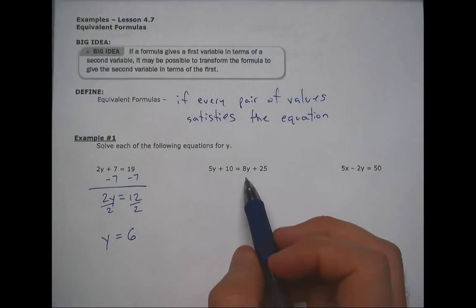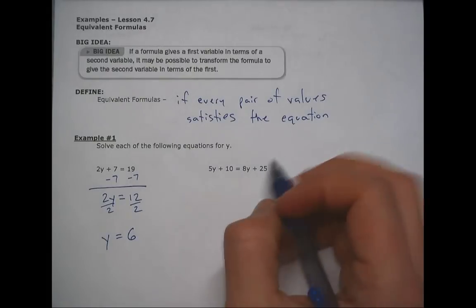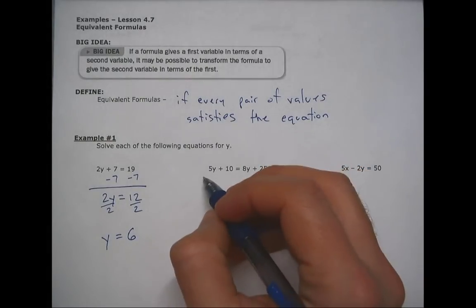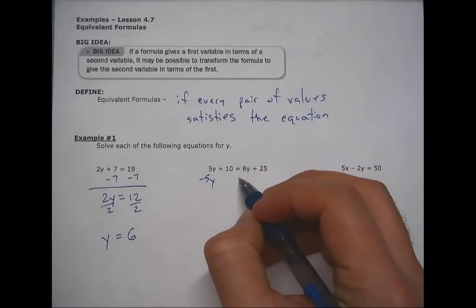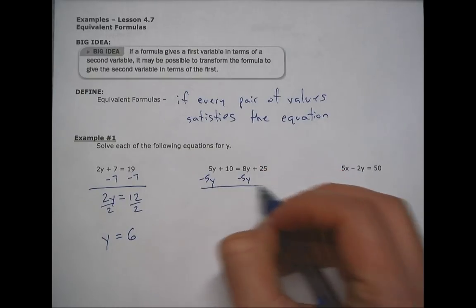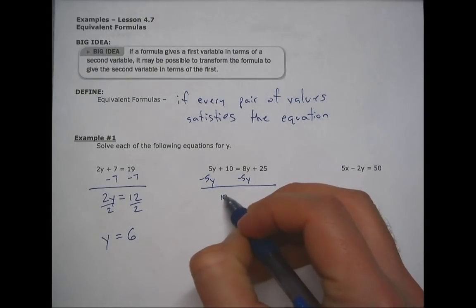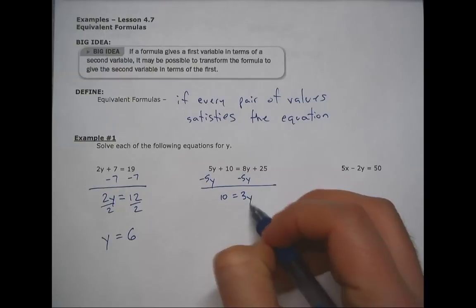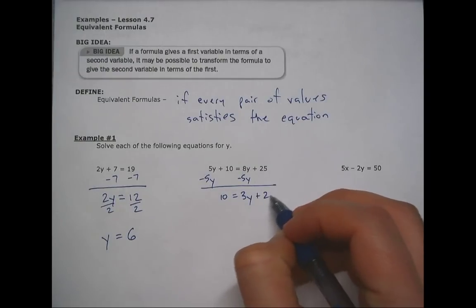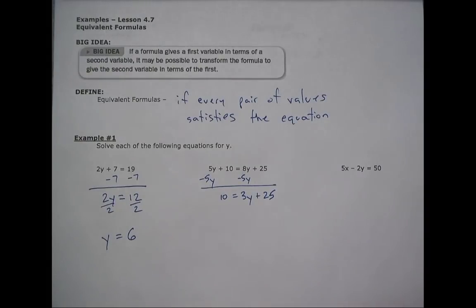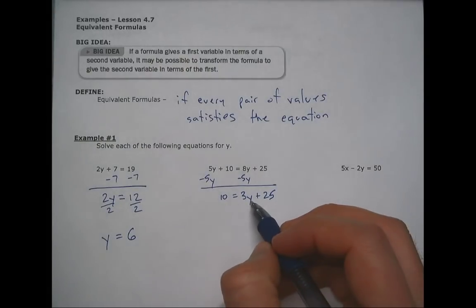All right, if we have the same variable on both sides, we just finished talking about how we're going to eliminate one of them, ideally the smaller one, which keeps everything positive. Since we have a y on both sides, we're going to cancel out the smaller one, leaving just 10. So I have 3y plus 25. Now I've got my standard looking equation. I want to get y by itself.